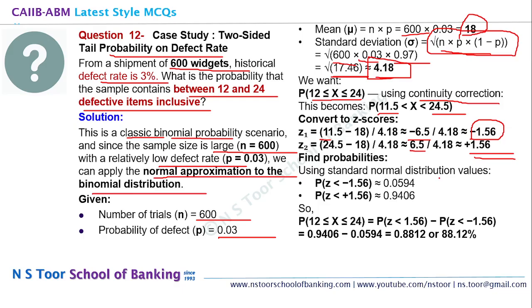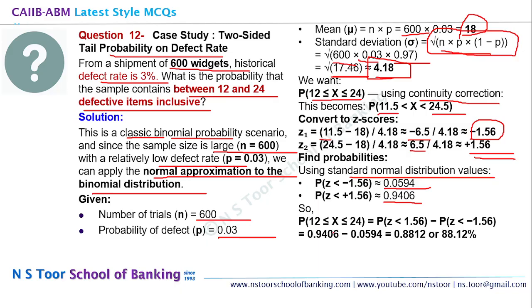Now we will find out from the Z table. So using the standard normal distribution values, what is the value for P(Z < -1.56)? It is 0.0594, and P(Z < 1.56) is equal to 0.9406. So then what do we have to do now?